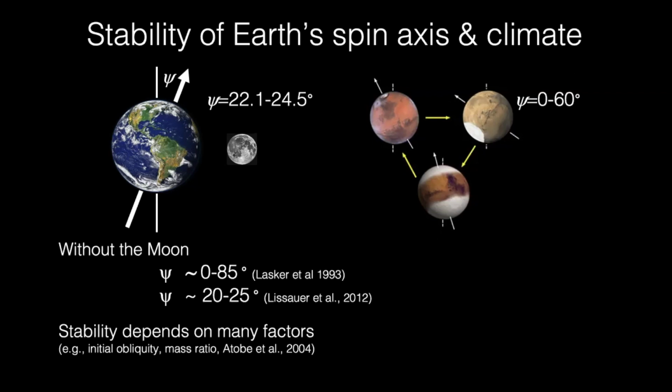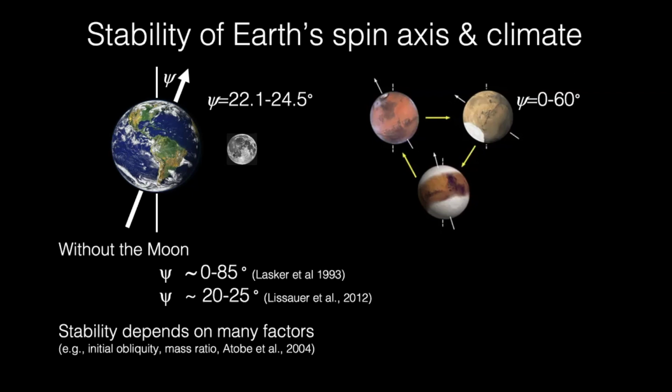When you look at Mars, the Mars obliquity can change from 0 to 60 degrees. This is a very big change, and this affects the Martian climate cycle. And a previous study indicated that without the moon, the Earth's obliquity could change from 0 to 85 degrees. This is a big change, and this can affect the climate on the Earth.